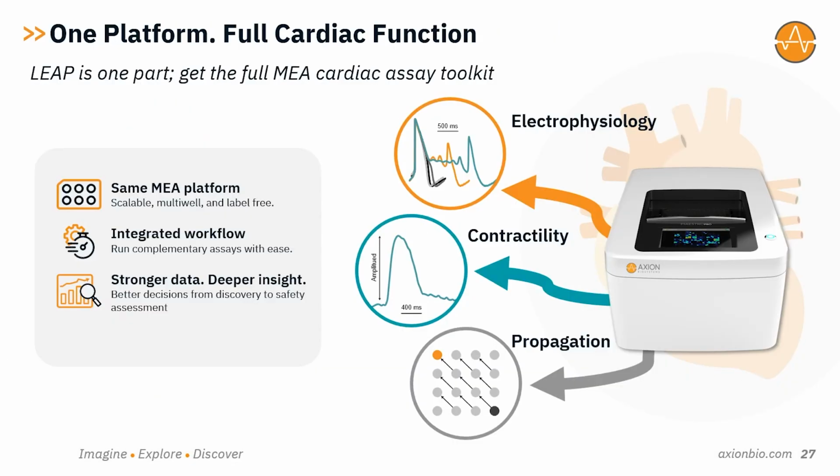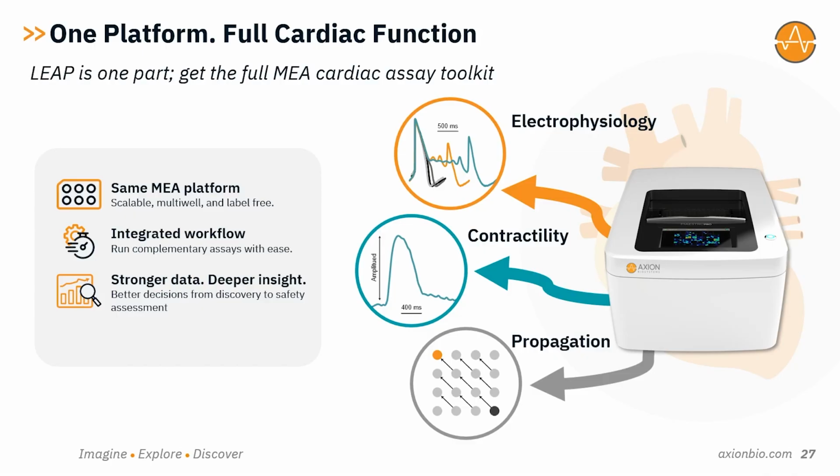Before we close, I want to take a step back. LEAP is a powerful cardiac assay, but it is one part of the broader Axion MEA cardiac toolkit. On the same platform, researchers can evaluate electrophysiology, contractility, and propagation. This means that you are not limited to one view of cardiac function. The same Axion MEA platform supports multiple scalable, multi-well label-free cardiac assays.